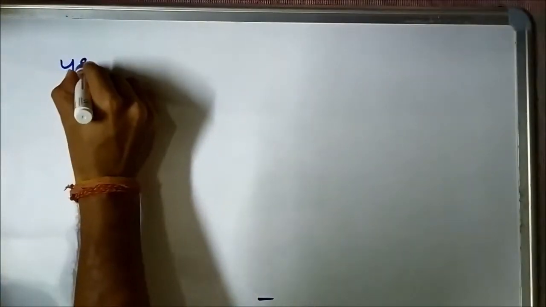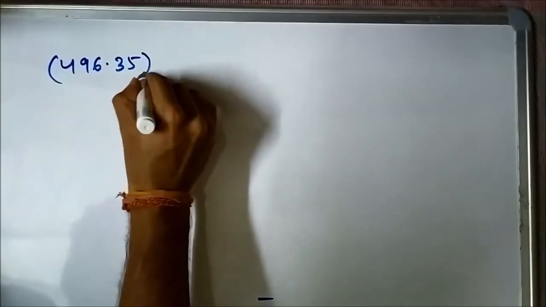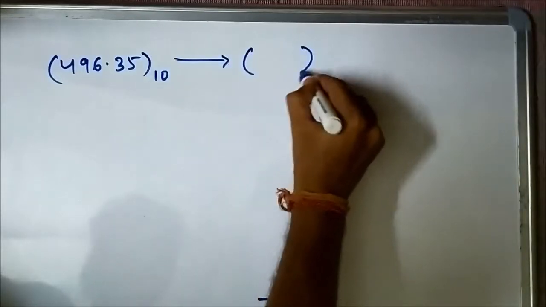Suppose we have a number which consists of both a whole and fractional part in decimal form. Let's say 496.35, and we have to convert it into its equivalent binary form.